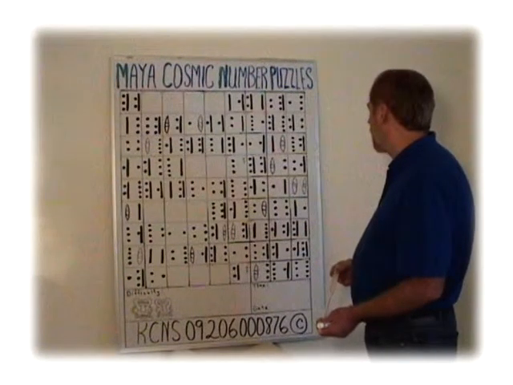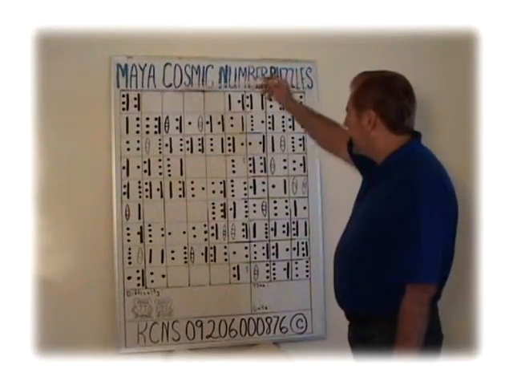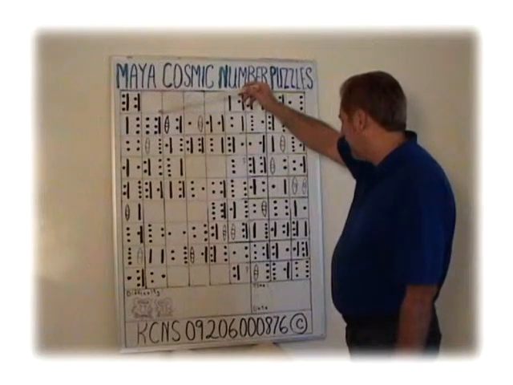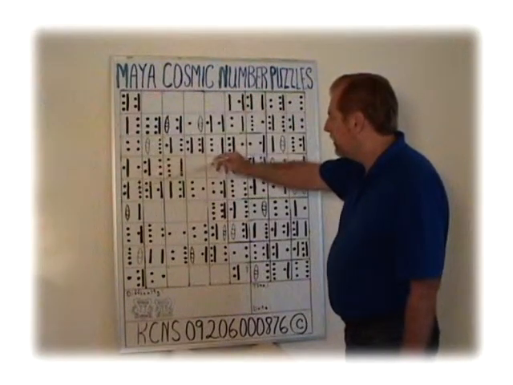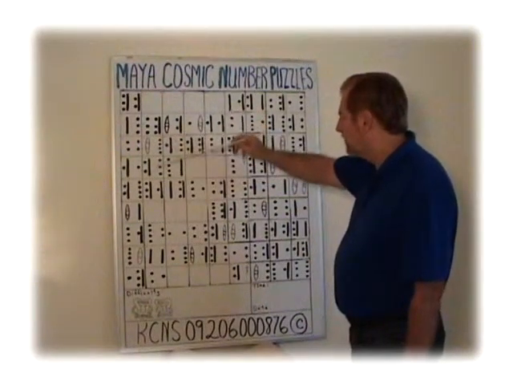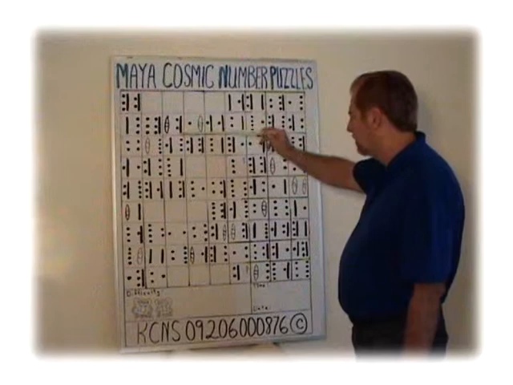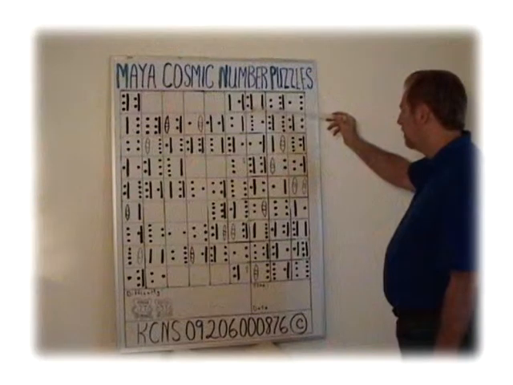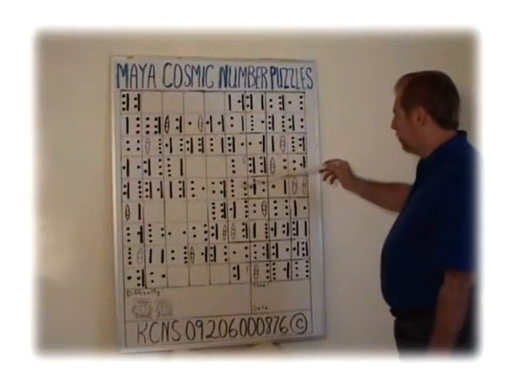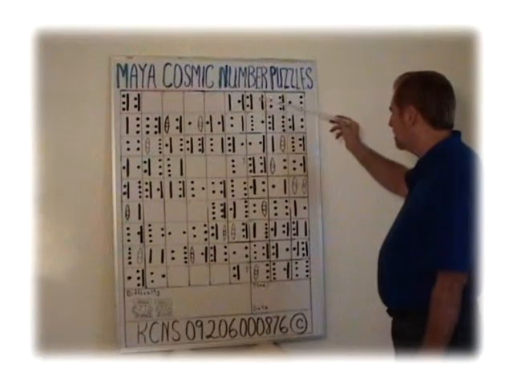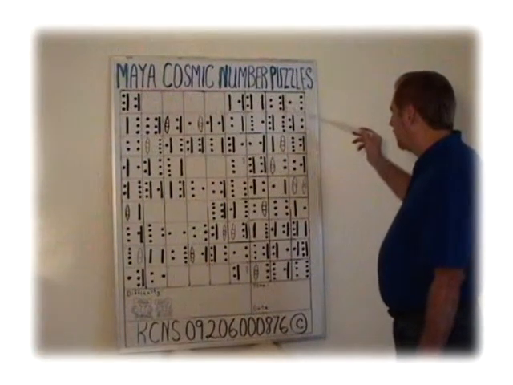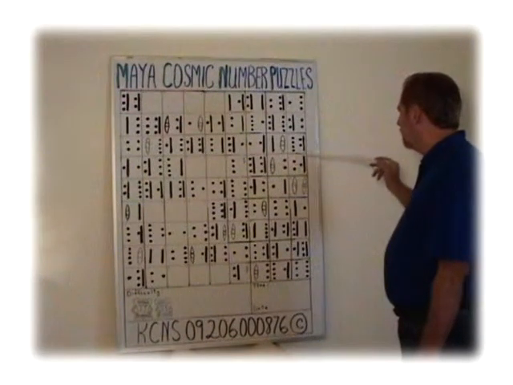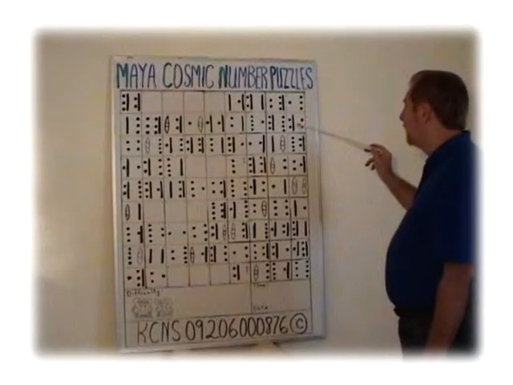Looking around for a 7, 7 or 7, 0, we see that we have a 7, 4, a 7, 3, a 7, 8, a 7, 5, a 7, 1, and a 7, 2. That does not help us.